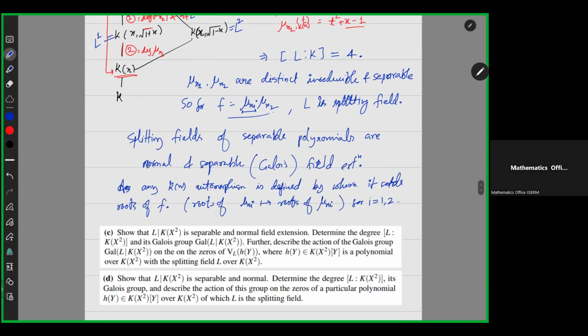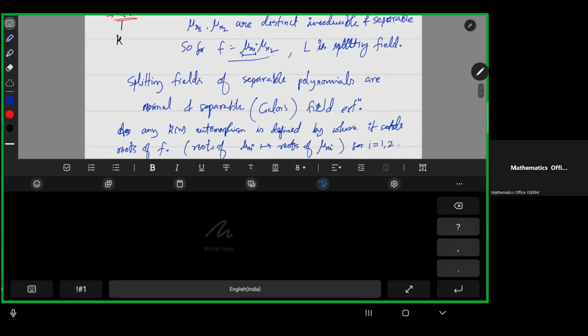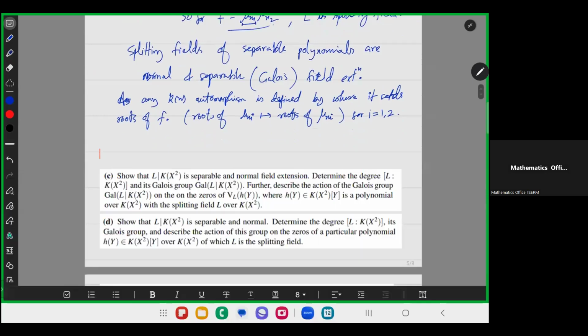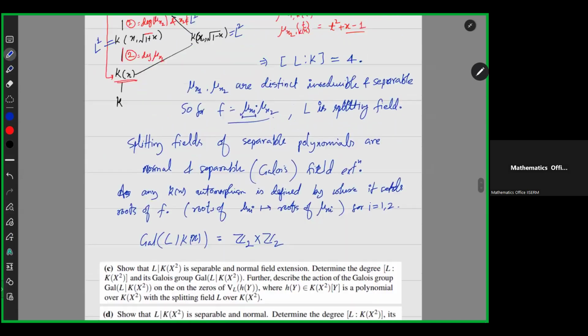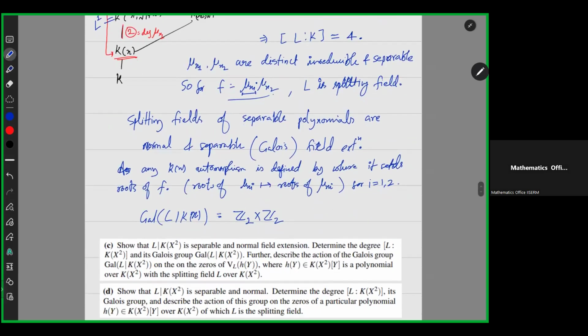So in this case, we know what the Galois group is going to be. This will be L over kx, a 4 order group, right? Because the degree of extension is 4 also, and in this case the factorization is into 2 degree polynomials. So this is Z2 cross Z2, isomorphic to, I'm just saying.